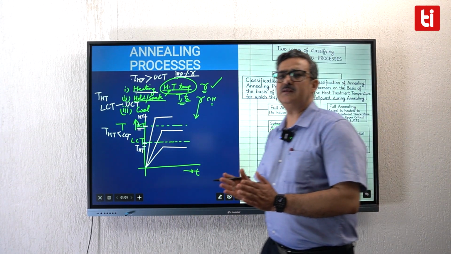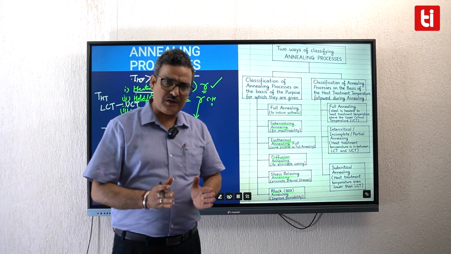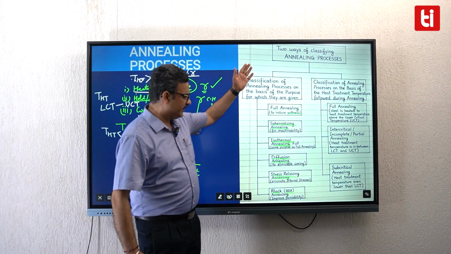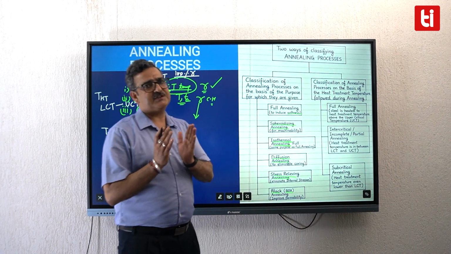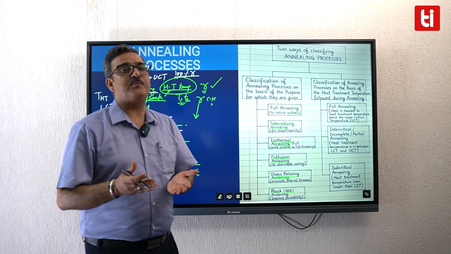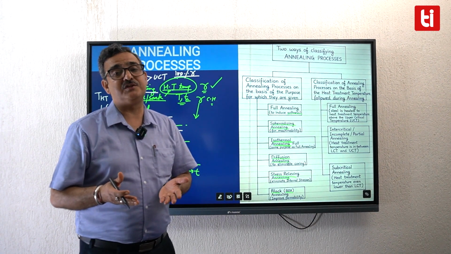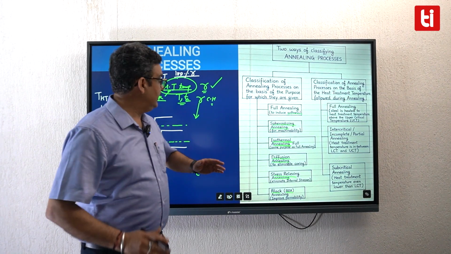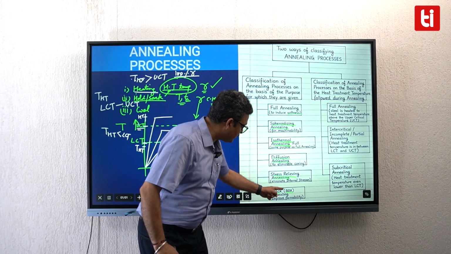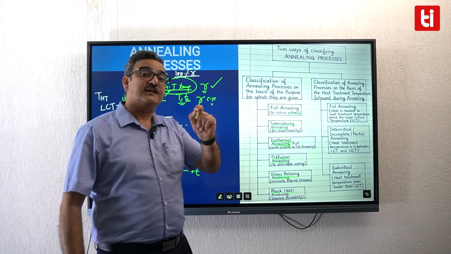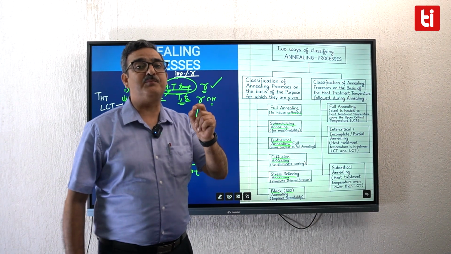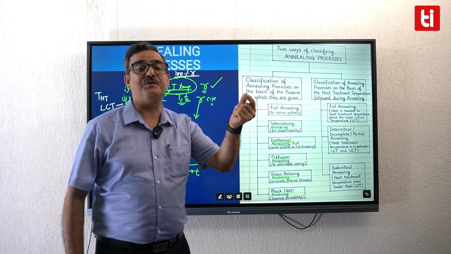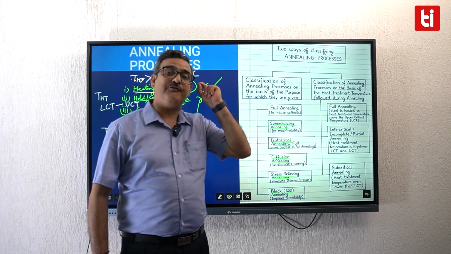So based on the purpose or function for which annealing is being given, there are so many different types of annealing. And based on the heat treatment temperature, the austenitization temperature under which annealing is being done, if you take the annealing temperature to be higher than the upper critical temperature of the steel, you are doing full annealing.